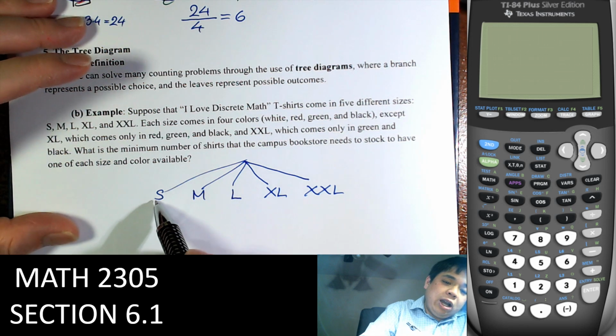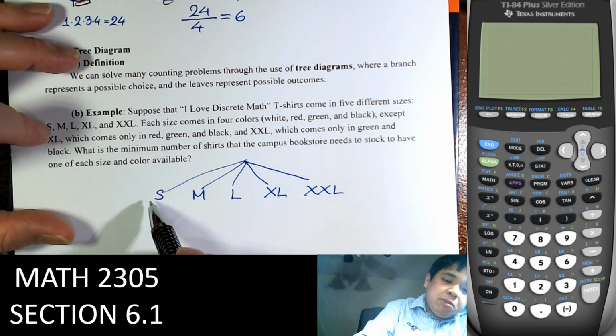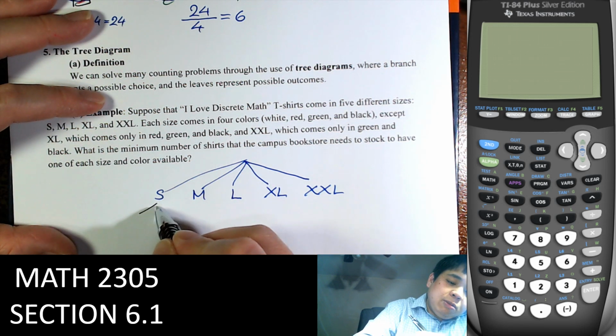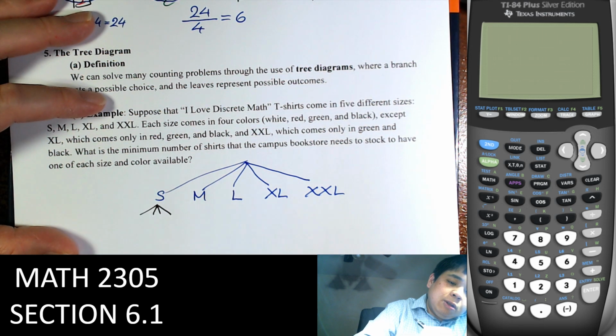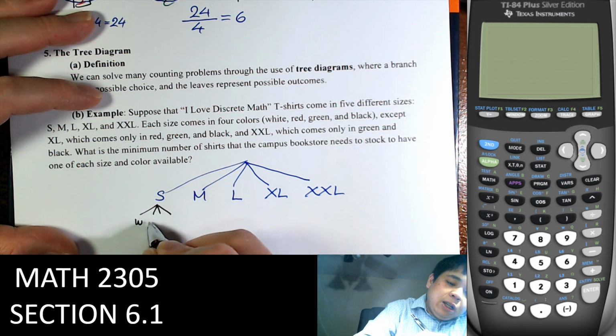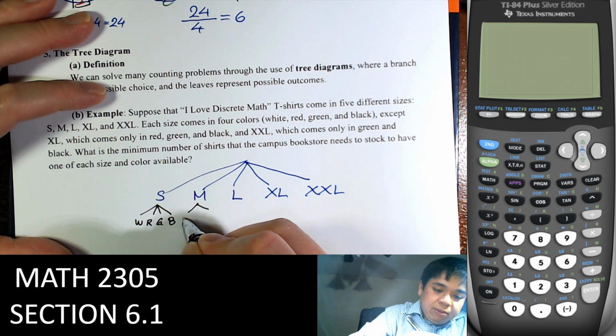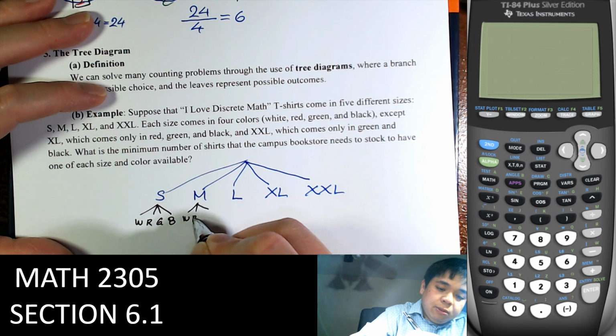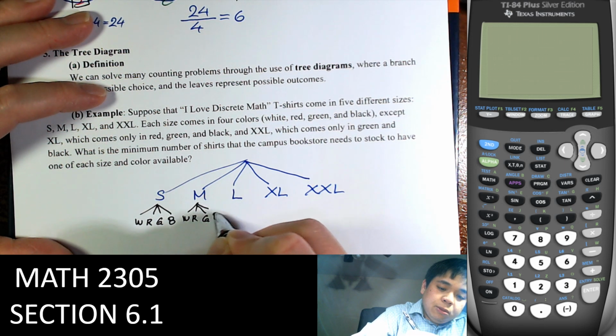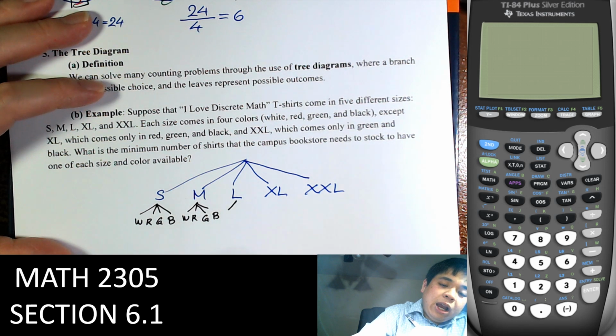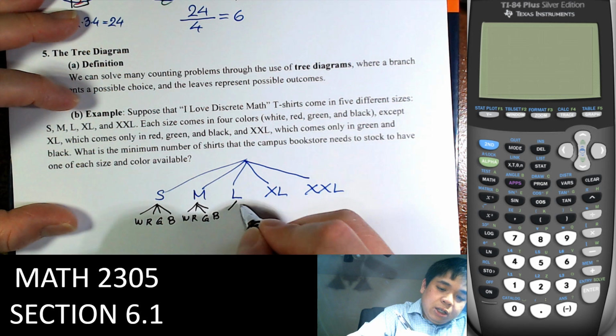Right. So S, there are 4 different colors: white, red, green, and black. Same thing for medium. And large also has 4.